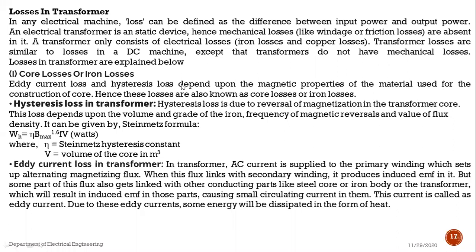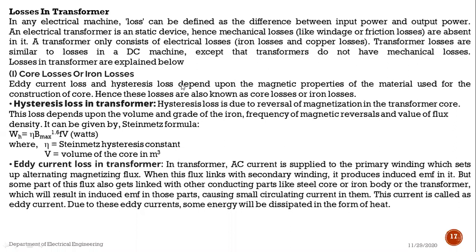In core loss, there are eddy current loss and hysteresis loss. I have already told that the eddy current loss can be reduced by the lamination used in the core. If the core lamination is thin, then the eddy current loss is minimum. If thick lamination is used, then the eddy current loss will obviously increase.